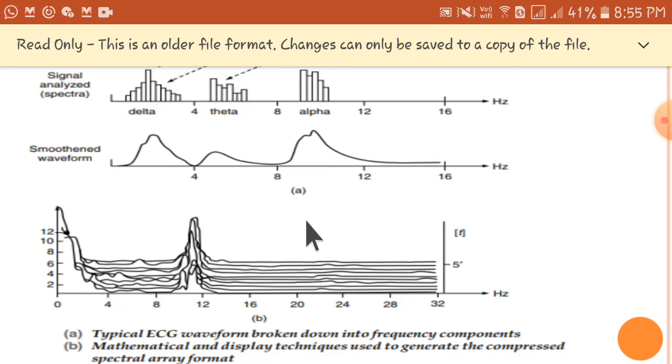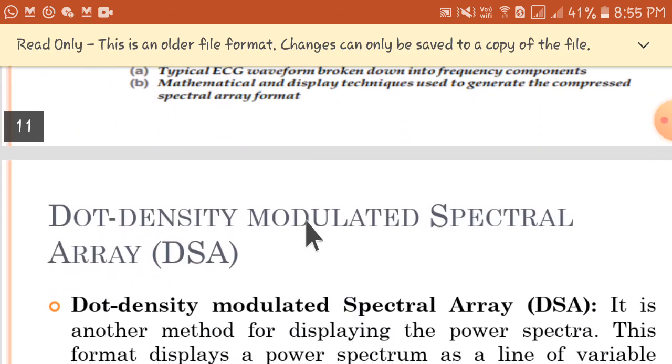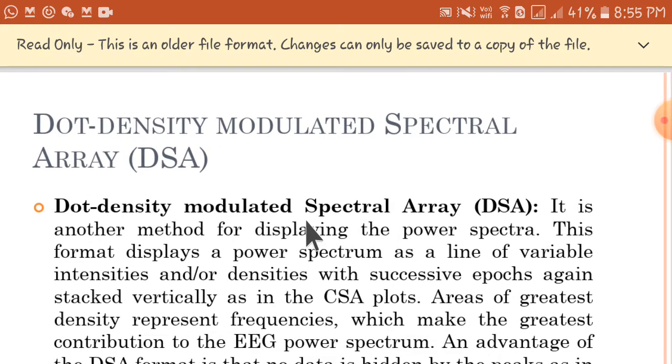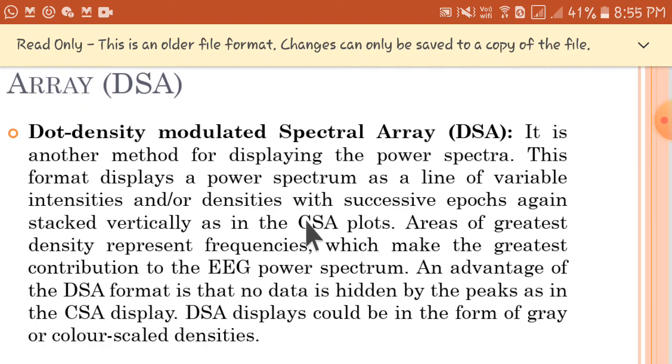The next method is the dot density modulated spectral array, which is also a method of displaying the power spectra. This format displays a power spectrum as a line of variable intensities, same as CSA.